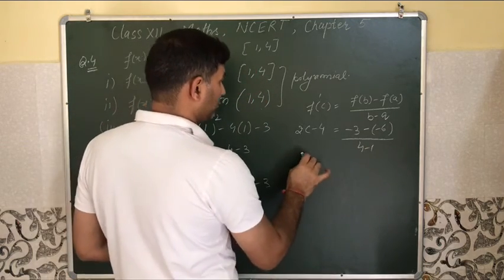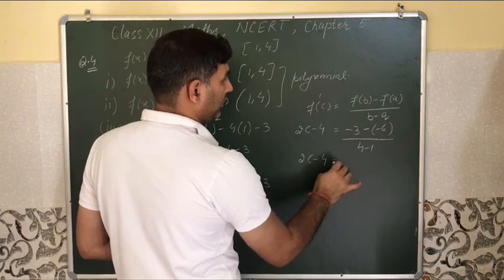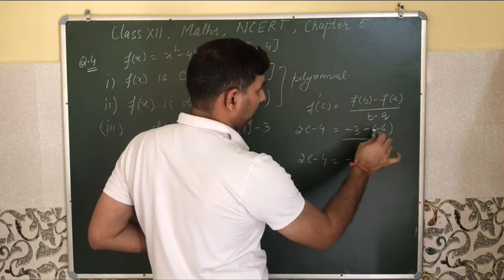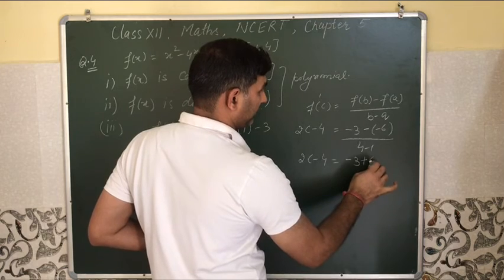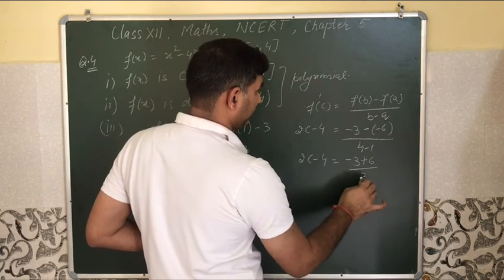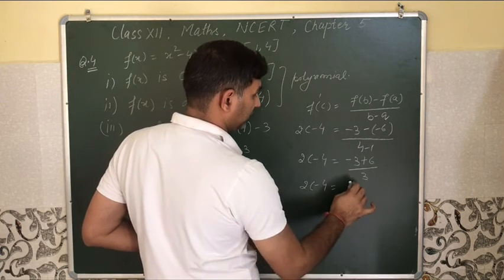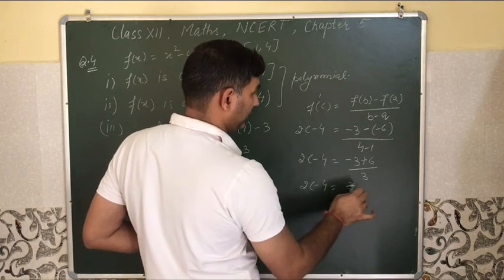Then this 2c minus 4 is equal to minus 3 plus 6 upon 3. And then 2c minus 4 is equal to 3 upon 3. This value is 1.